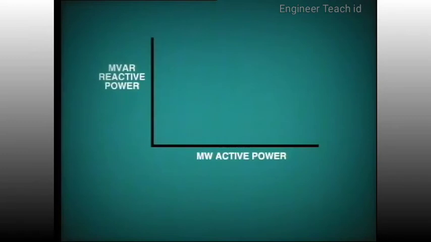Megawatts and megavars act with different phase relationships to voltage. Active power is in phase while reactive power acts 90 degrees out of phase. The combination of megawatts and megavars is known as MVA, that is megavolt amperes.